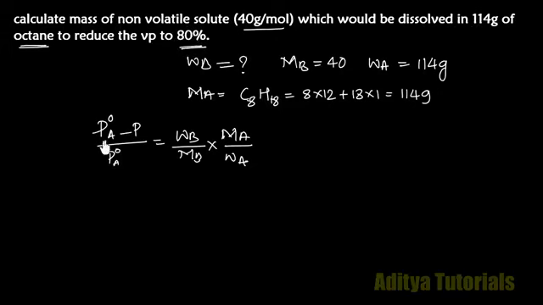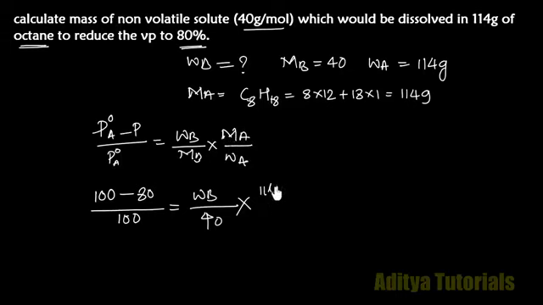So here the P naught value will be 100, and whatever the pressure reduced, that should be 80, divided by 100, that is equal to WB as it is, because we have to calculate that. MB is given, that is 40 grams, multiplied by the mass of the solvent 114. Both the values are the same, so this gets cancelled.